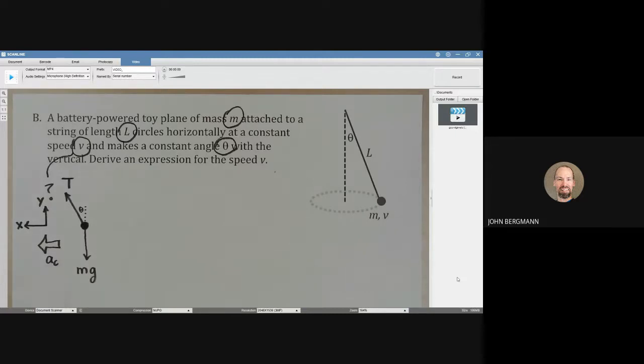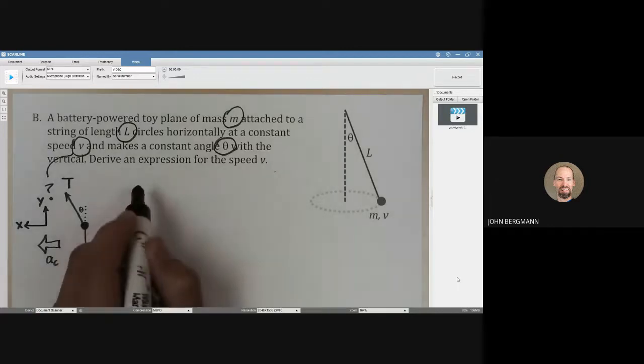But in a case like this, when we know that the acceleration is in a particular direction, we have to have one of those coordinate axes in that direction. So for this problem, mg is not going to be resolved into components. It's the tension that has to get resolved into an x component and a y component.